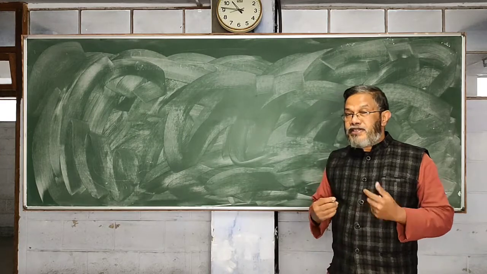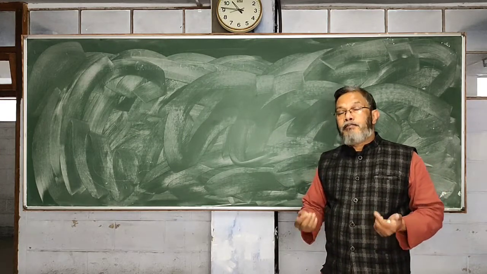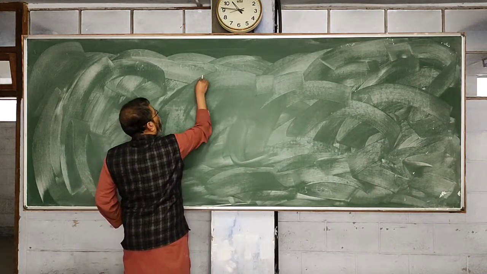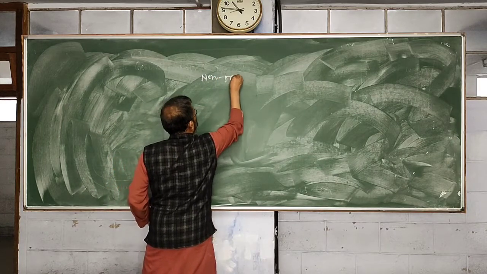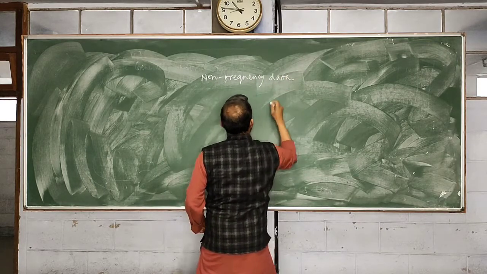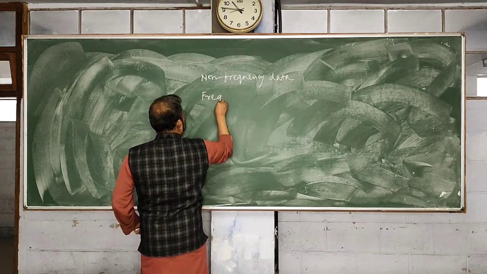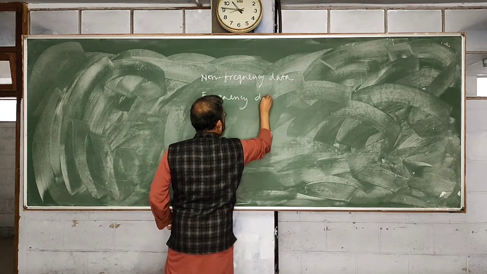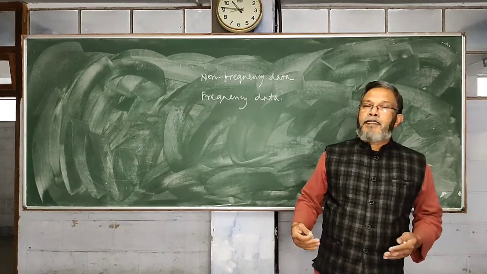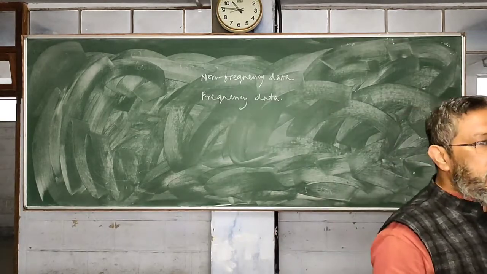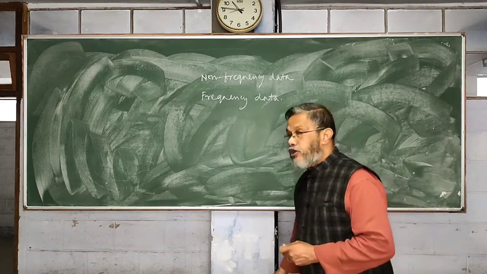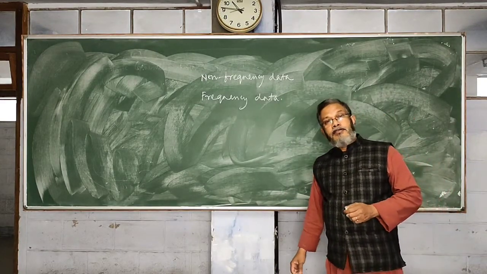So for presenting data, before that we are talking about non-frequency data and frequency data. Especially when we are talking about graphical presentation or diagrammatic presentation, we have to keep in mind this distinction between non-frequency data and frequency data.